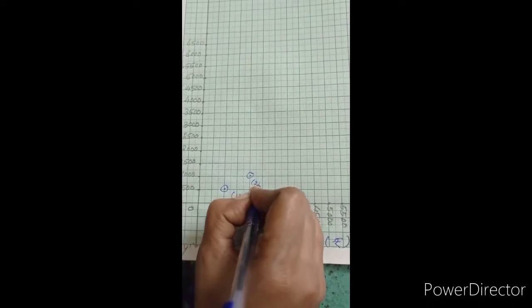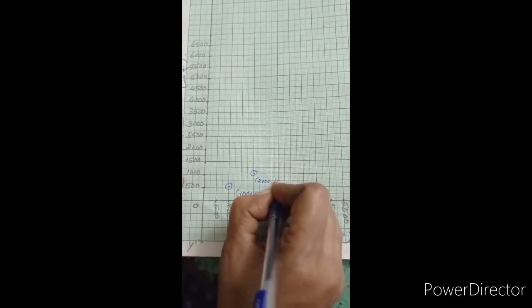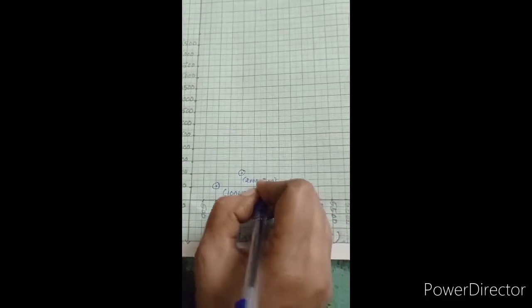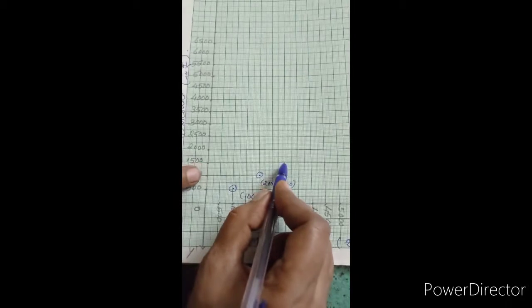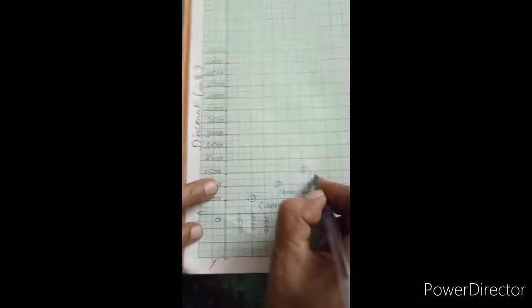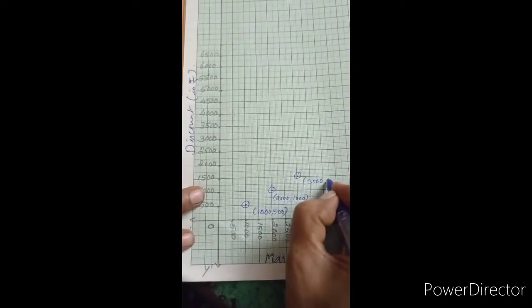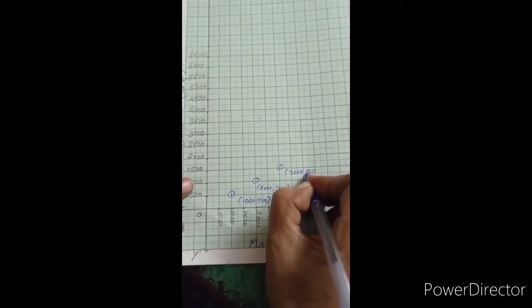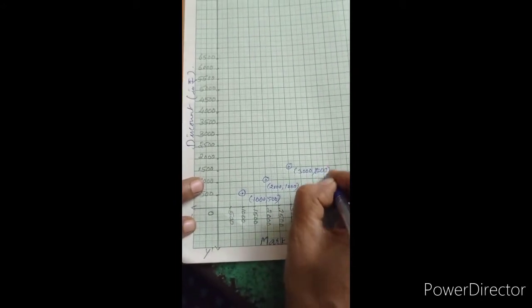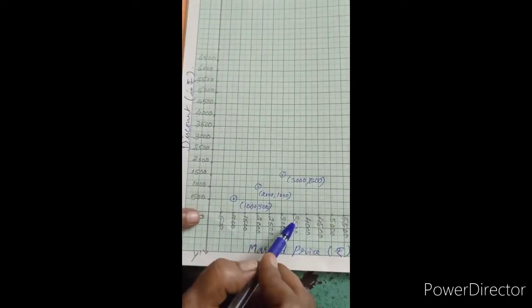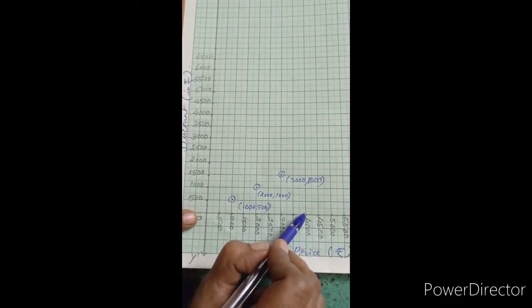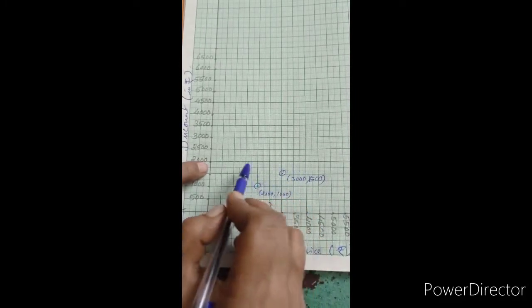Third point (3000, 1500). Fourth point (4000, 2000). See 4000 on the x-axis, (4000, 2000).